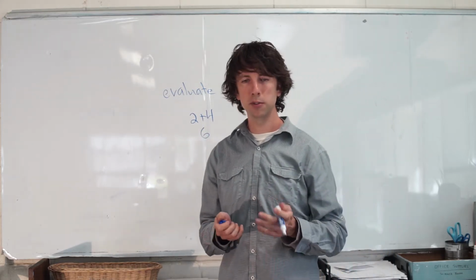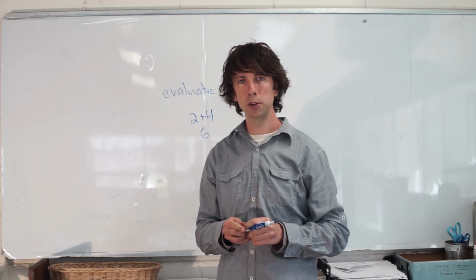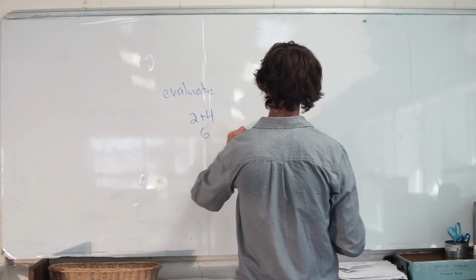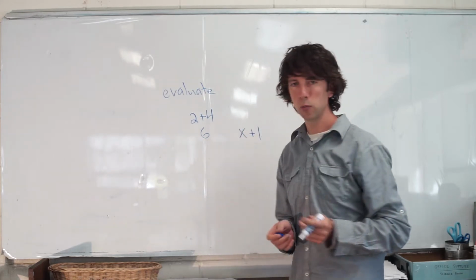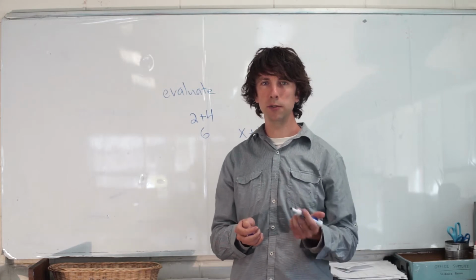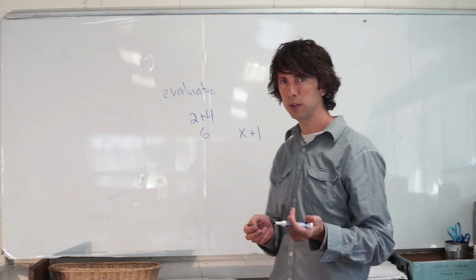It's often the same as simplifying, but it's different when you have a variable. For example, x plus 1 can be evaluated if and only if we know the value of x. So a problem might read something like this.